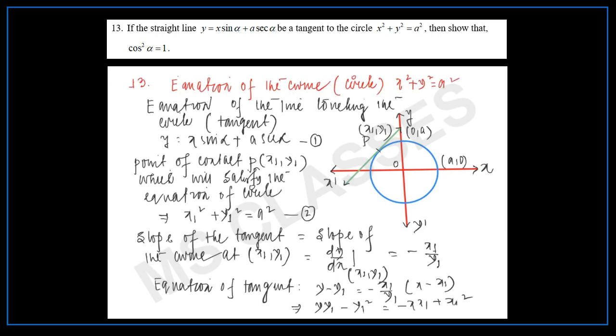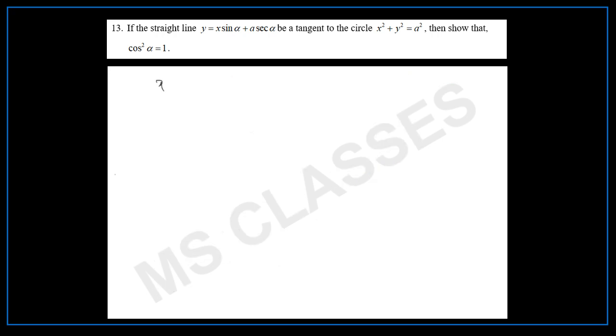Now from this we get x x1 plus y y1 equal to x1 square plus y1 square, which is equal to a square by equation 2. So this is the equation of tangent, x x1 plus y y1 equal to a square.